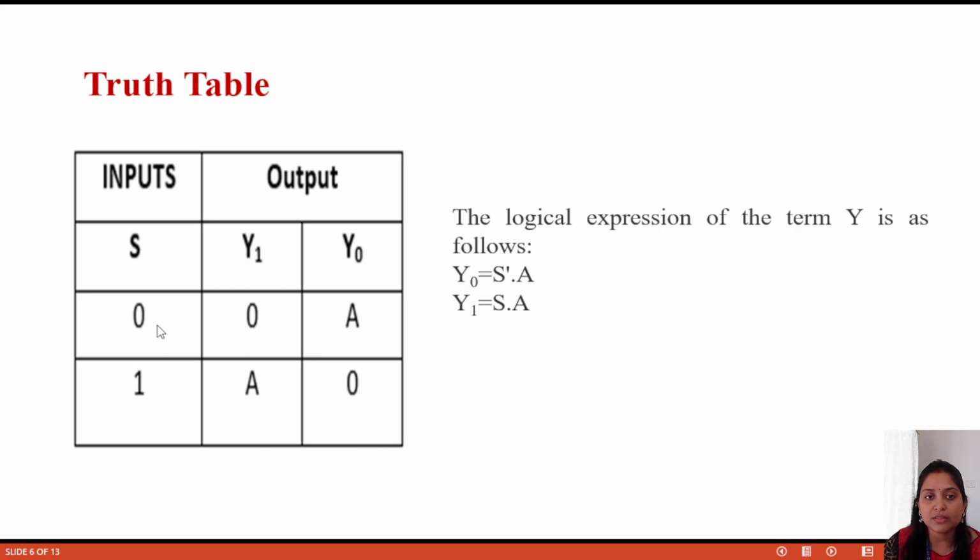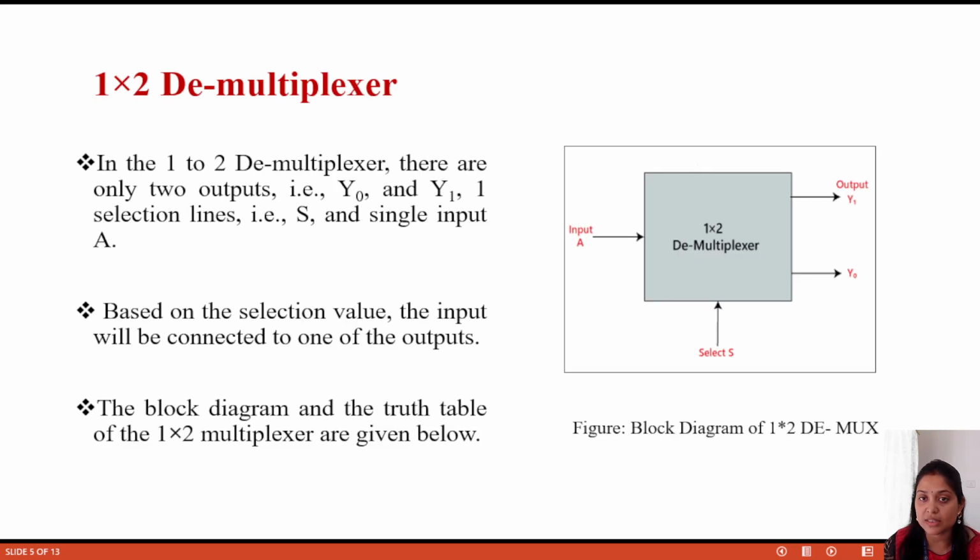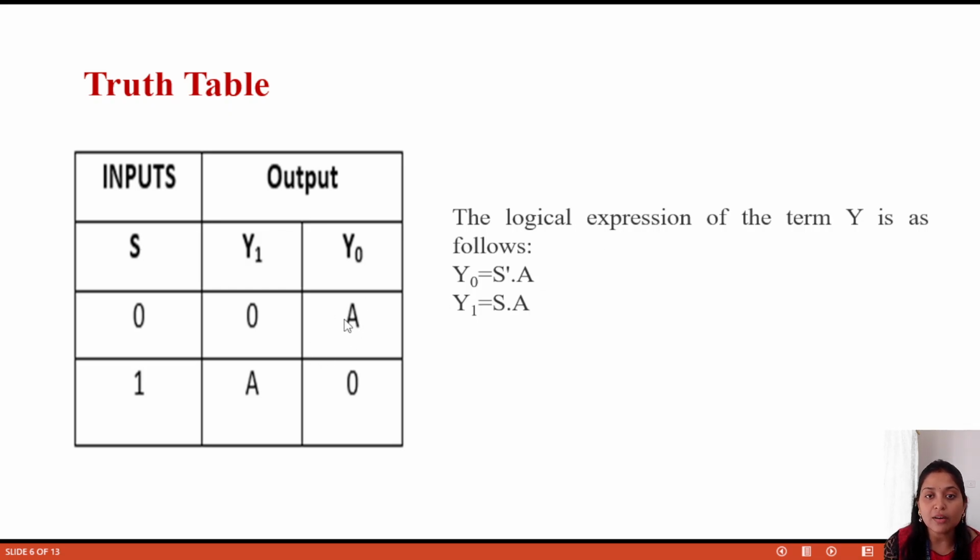In the truth table, S has two combinations, 0 and 1. When select input is 0, then input A will go to Y0.